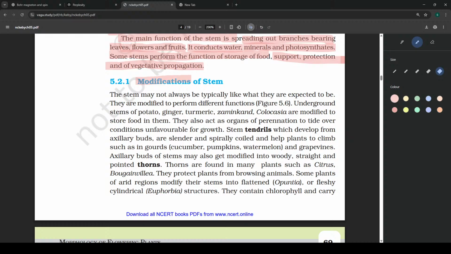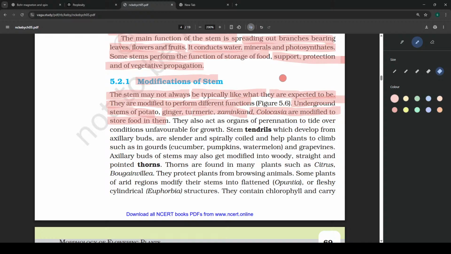Modifications of the stem. The stem may not always be typically what it is expected to be. They are modified to perform different functions. Underground stems of potato, ginger, turmeric, zamindkand, and colocasia are modified to store food in them.